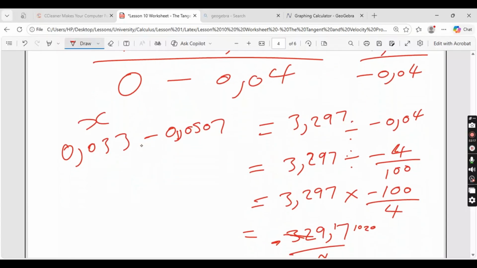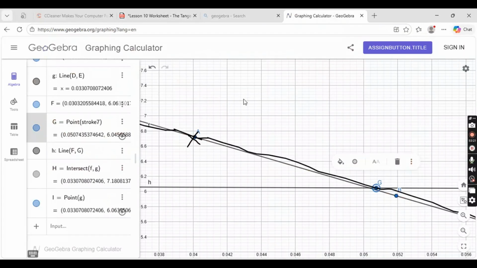So this is for x, y. What does it show us?